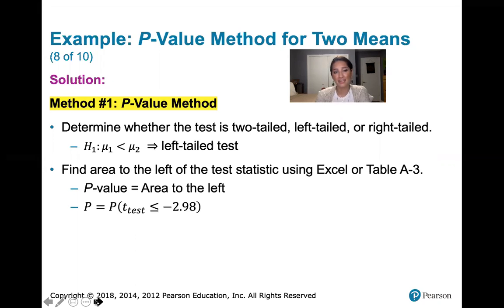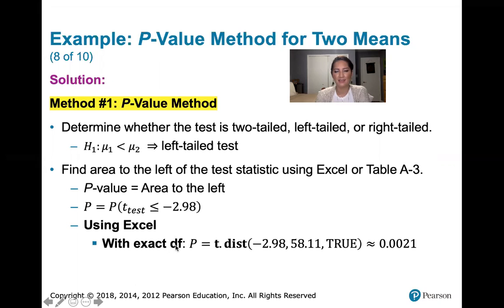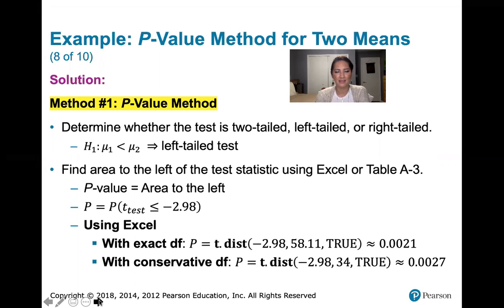So it's the probability that our test statistic is less than or equal to -2.98. Using Excel, we get this as our p-value when we use the exact number of degrees of freedom. And using the conservative estimate of the number of degrees of freedom, using this function, I get this.